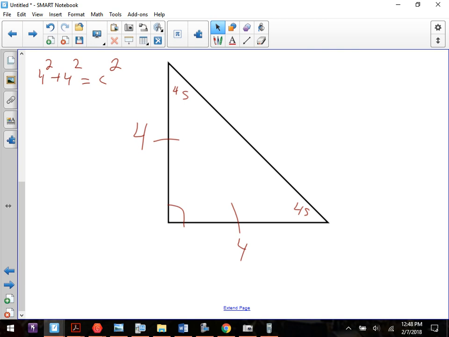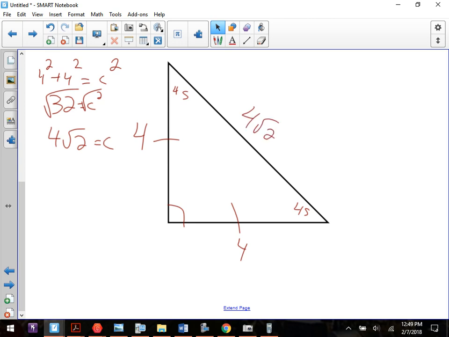Now, if I type that in my calculator, I get 16 plus 16, which is 32. And then how do you undo squaring? Good. So if I take the square root of 32, what do you get? 4 root 2.